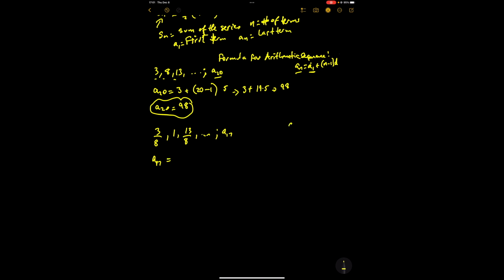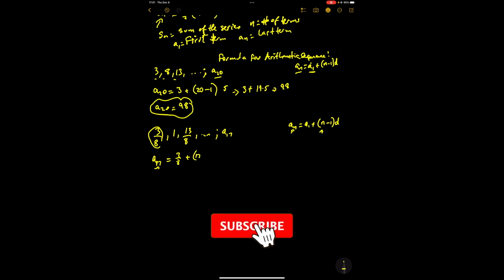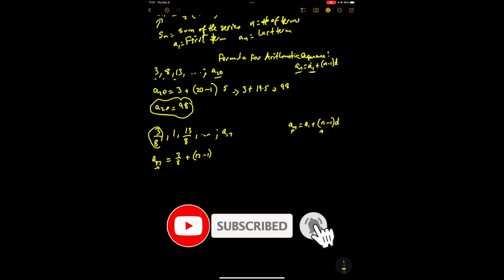Remember again, the formula is a sub n equals a sub 1 plus n minus 1 times d. Whatever number they give for n is going to be the same number here. So a sub 17 is equal to a sub 1, which is 3 and 1/8, plus 17 minus 1 times d.